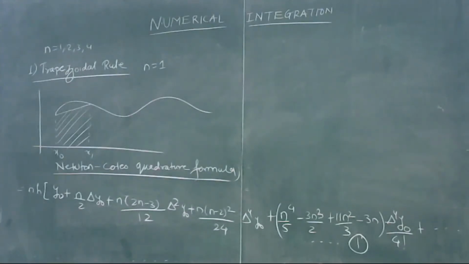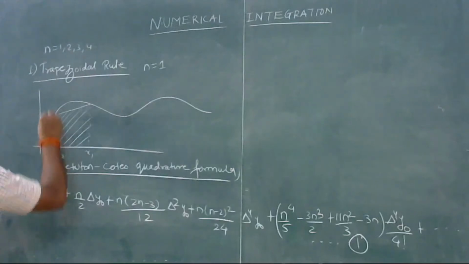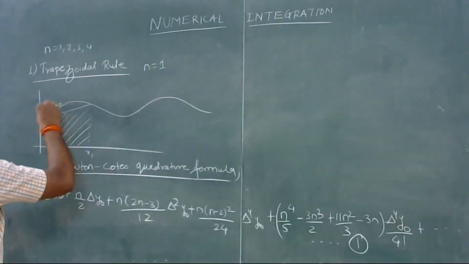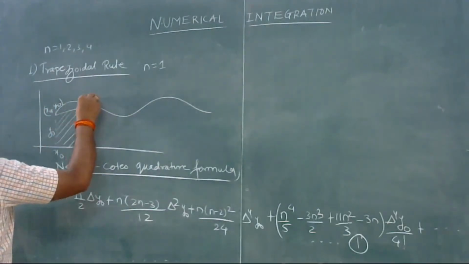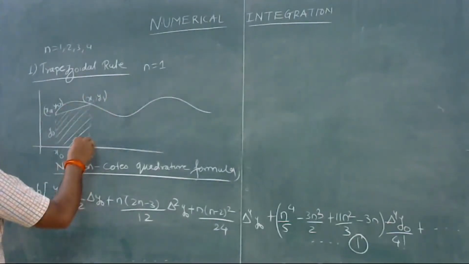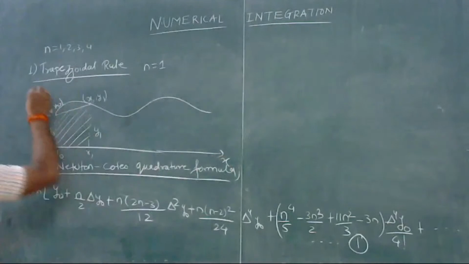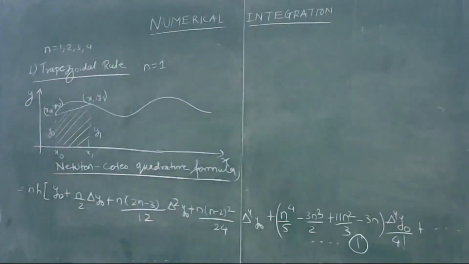Okay. And taking the curve through a straight line, this is x0, y0, and this is x1. So the curve will pass through this straight line. This is x, this is y. Okay, so this curve will be obtained.